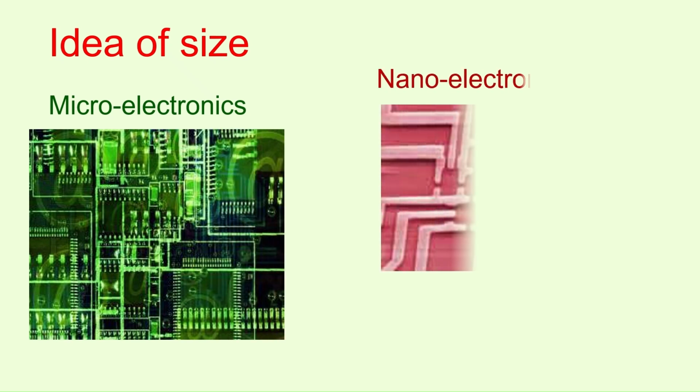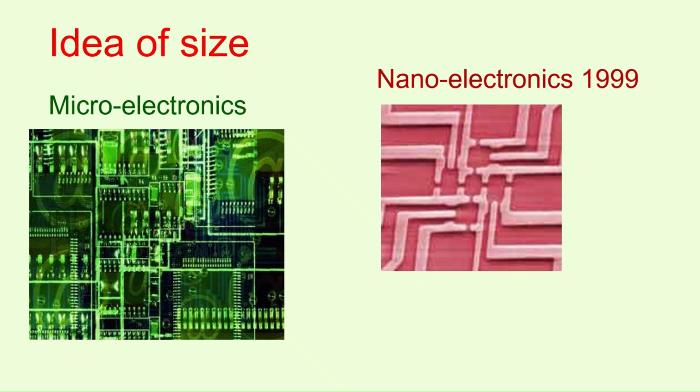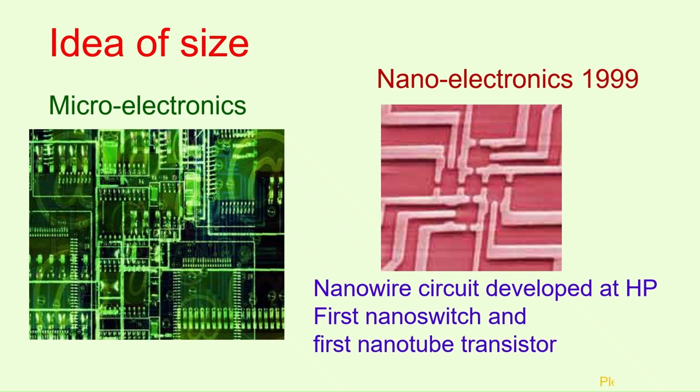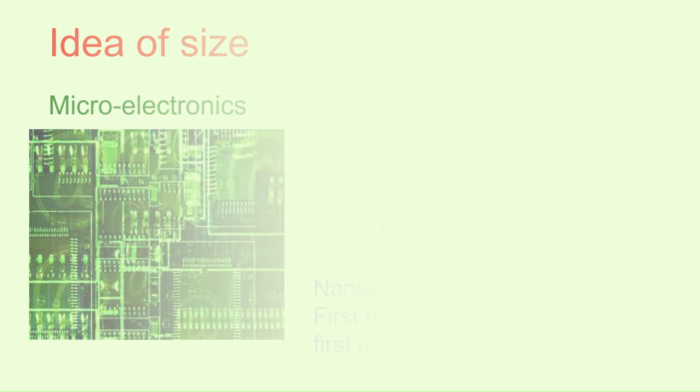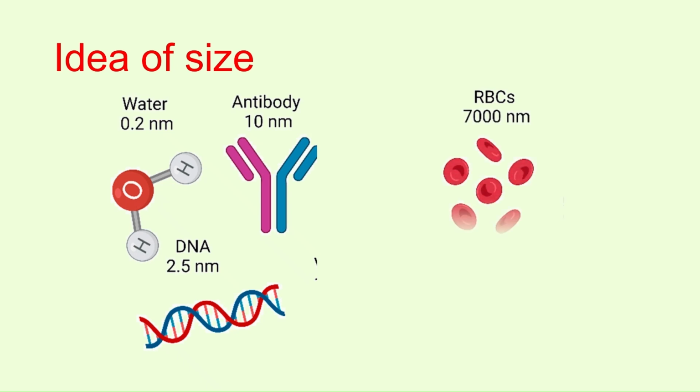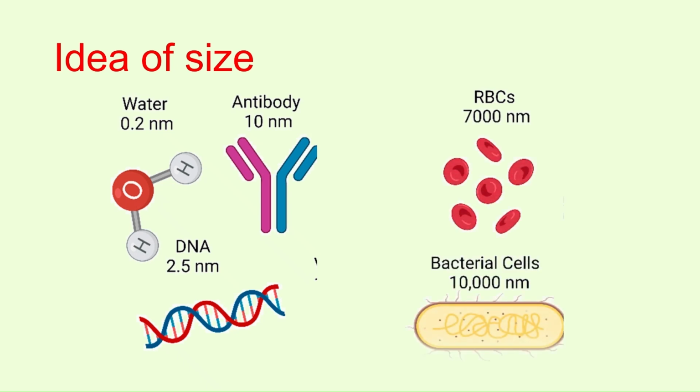Nano-electronics was made successfully in 1999 at HP using nanowire, nano switch, and first-time nano-size transistor. Some more items of nano size: water molecule, antibody, DNA, red blood cell of 7 micron, bacteria cell of 10 micron.